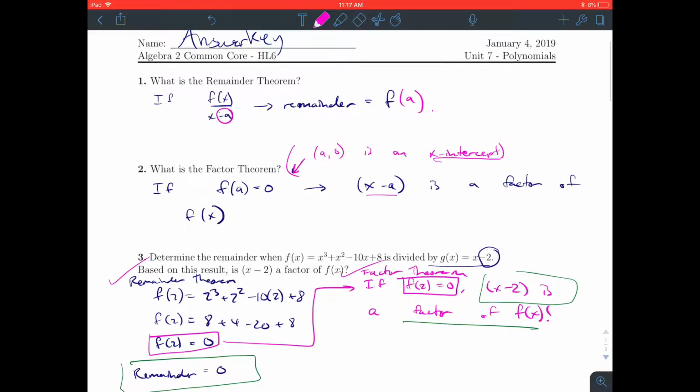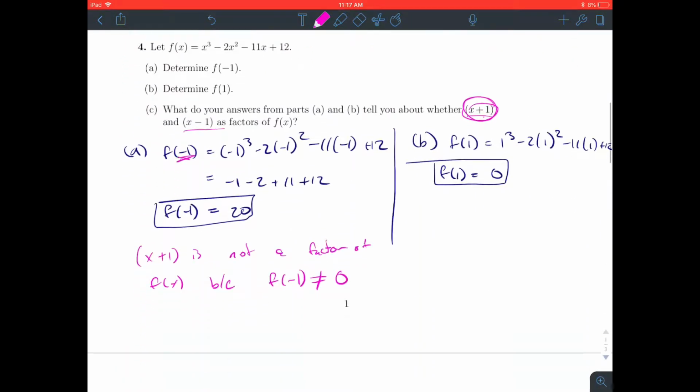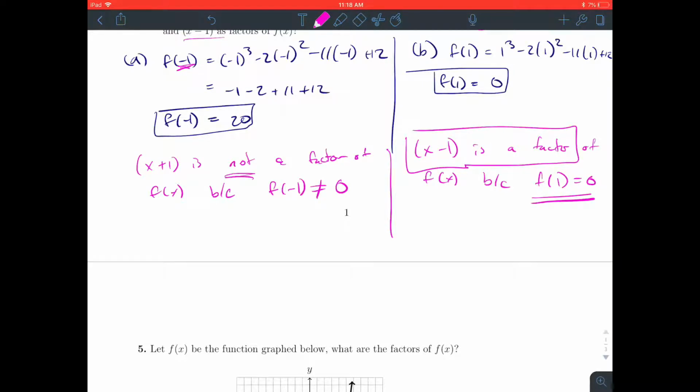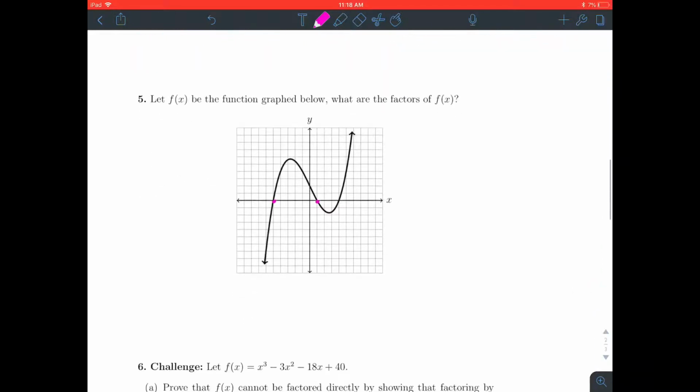According to the factor theorem, f of a has to be 0 in order for x minus a to be a factor. On the other hand, because here we actually do get 0, x minus 1 is a factor of f of x because f of 1 is 0. So this one is a factor, this one is not a factor.